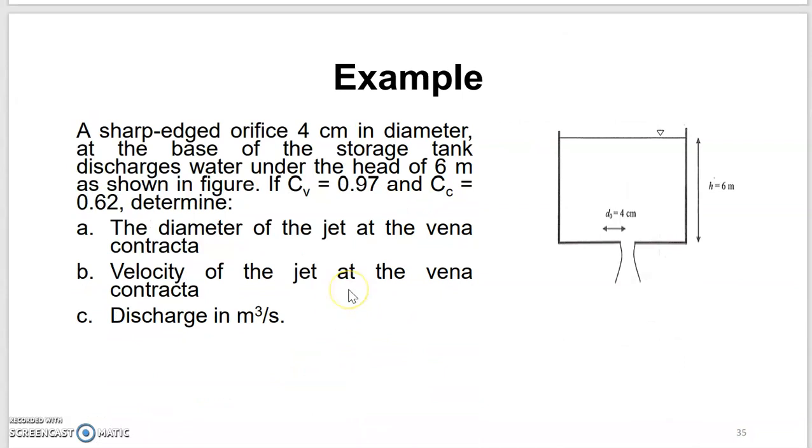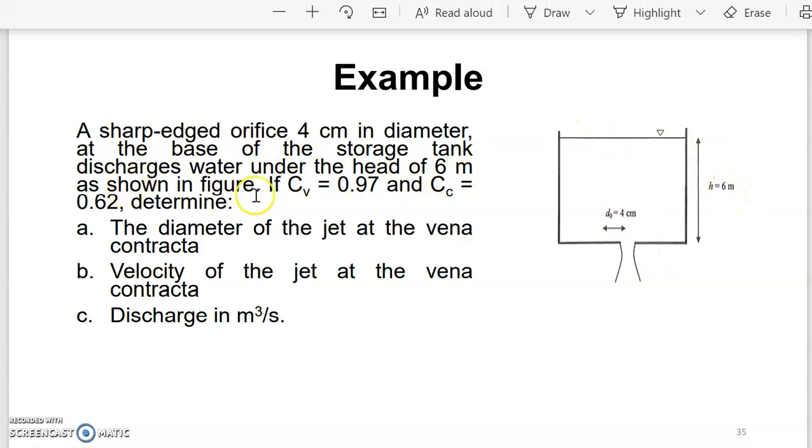So now let's look into this example. We have a sharp edge orifice of 4 cm in diameter at the base of the storage tank. This is the storage tank, and it discharges water under a head of 6 meters, so the tank level is at 6 meter depth.